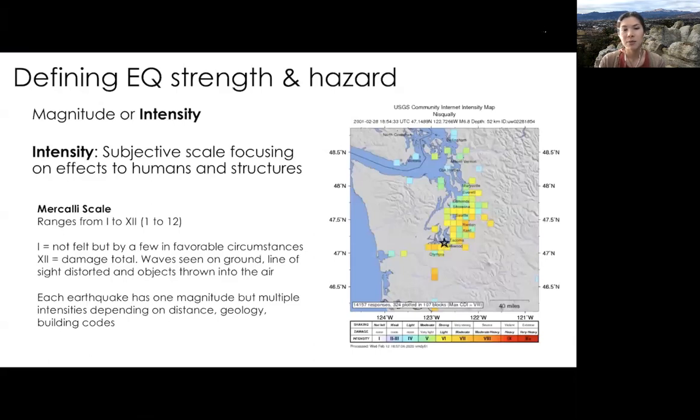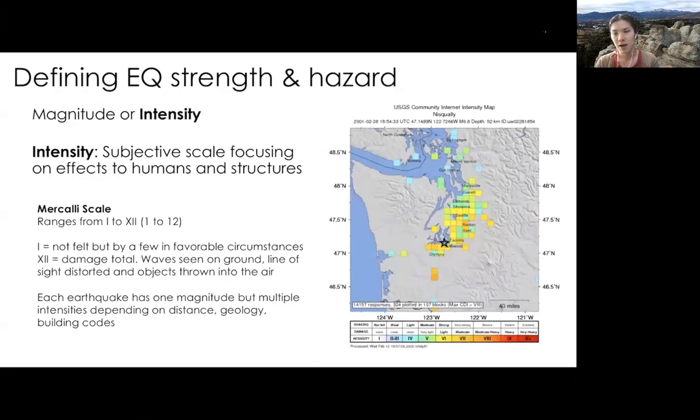Because these relate to the damage, and damage is going to be somewhat dependent on the distance away from the original earthquake, the Mercalli scale is going to differ depending where you are. So there's going to be multiple Mercalli scale intensity ratings for a single earthquake, whereas there will only be one magnitude rating for a single earthquake.